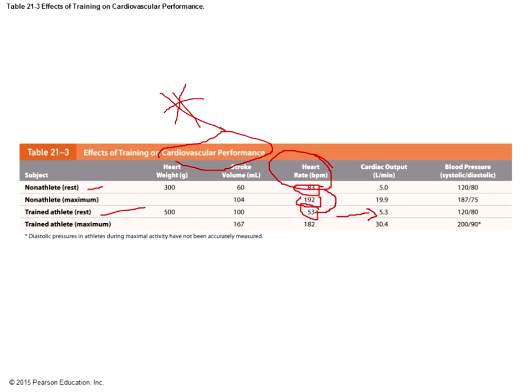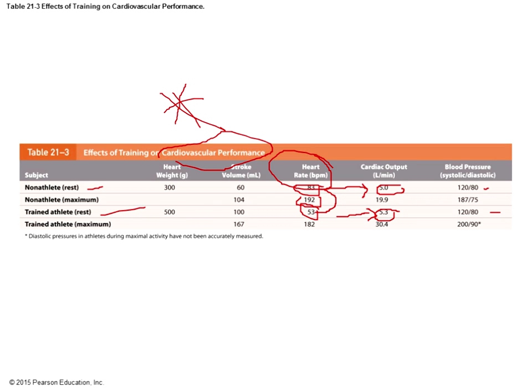In fact, look at this trained athlete. Even though the heart rate is so much lower, look at how much blood is being put out, 5.3 liters per minute, whereas much more work in the non-athlete, 83, and they're actually putting less out. So that tells you that a lot more blood is being pushed around more efficiently by the trained athlete.